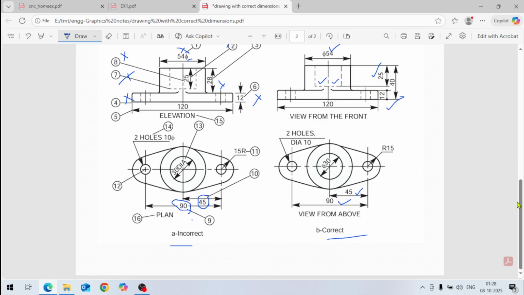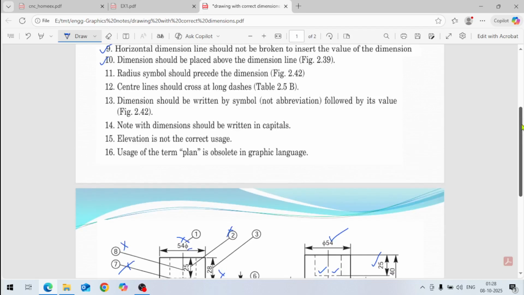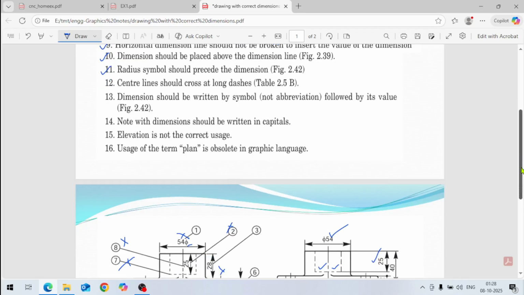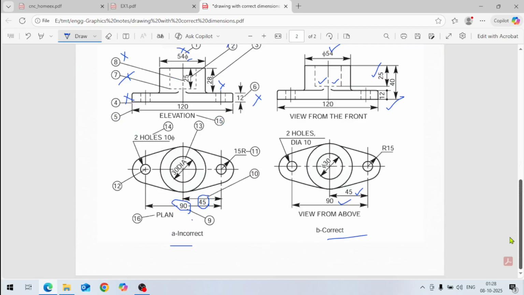Okay. Then number 11 is, radius symbol should precede the dimension. In number 11, if you see here, this radius 15R is wrong. It should be written R15. First you write R, then you write the dimension size. So this is okay and this is wrong.